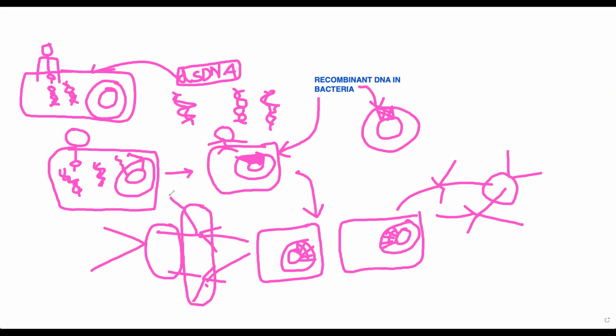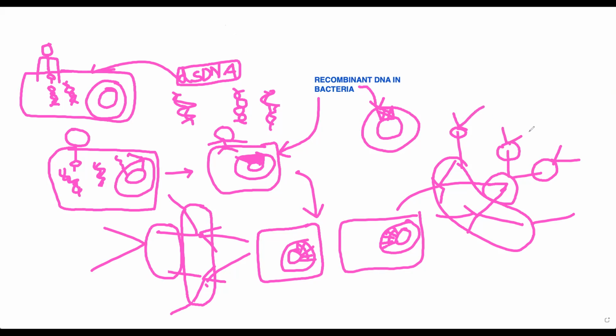This is your binary fission cycle. The circle which I'm putting around 2 strands is to show that both of them have this process going on. They'll keep dividing into 2. And then you have a lot of bacteria, and all of them have this recombinant DNA in them.